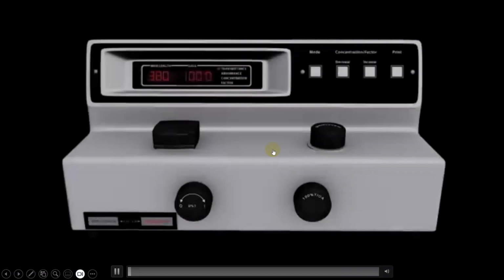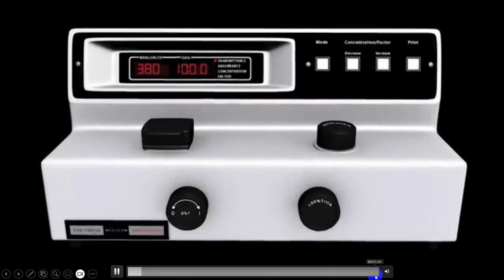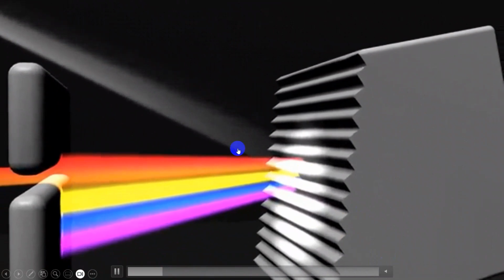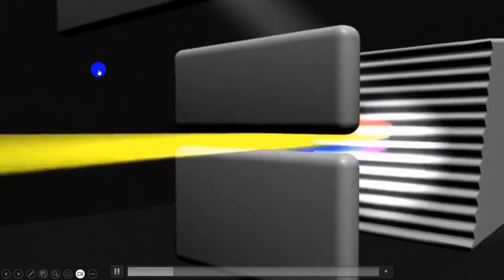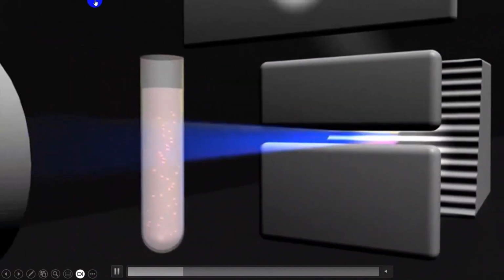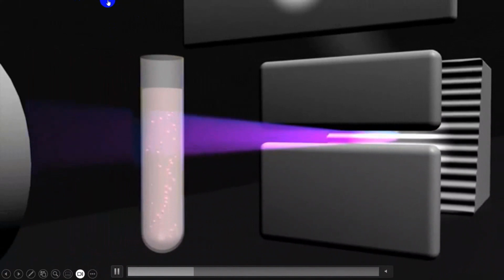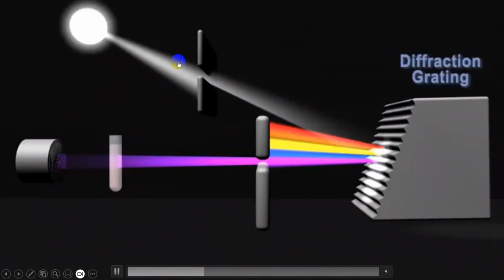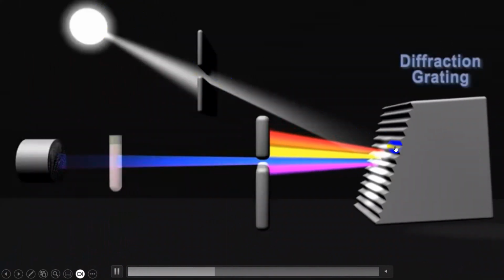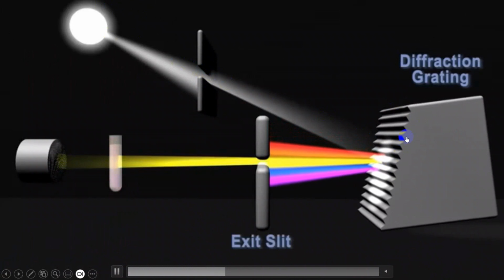So the working of the colorimeter is as follows. This spectrophotometer consists of a tungsten filament, which is the source that provides the light. This light passes through a slit and falls on the grating or a prism.